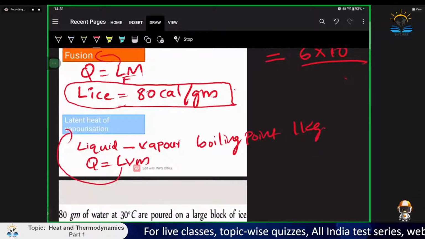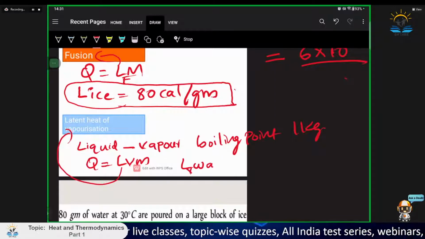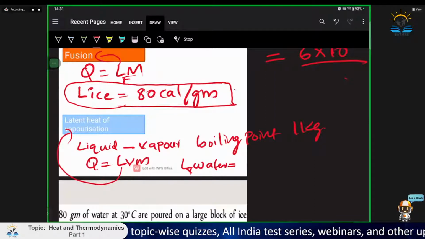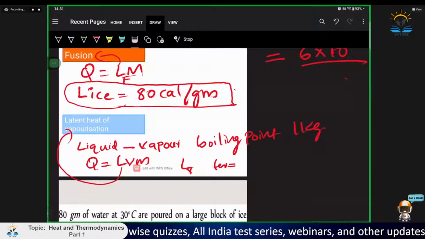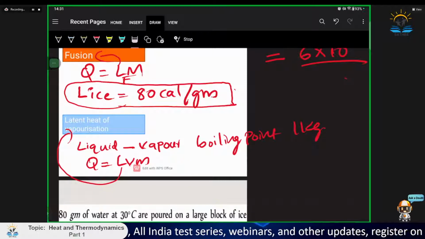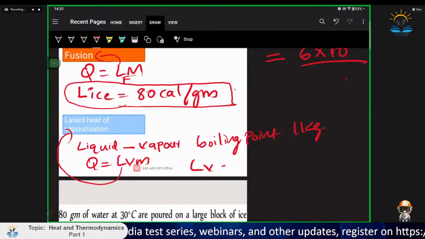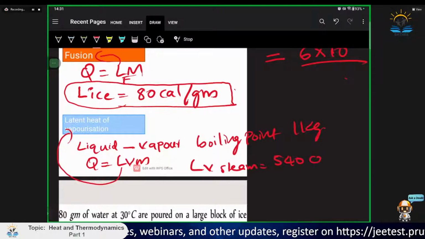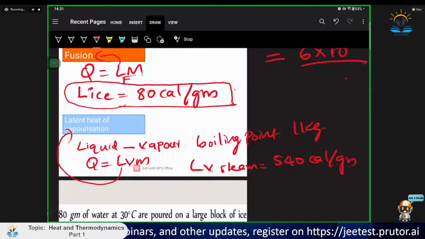So LV of steam is equal to 540 calorie per gram.